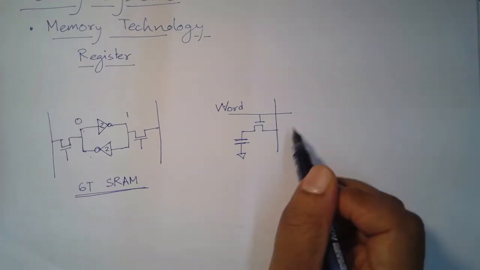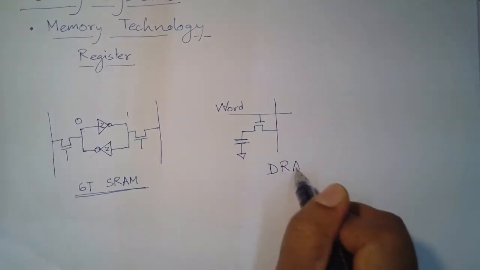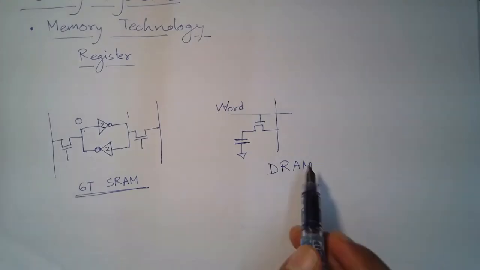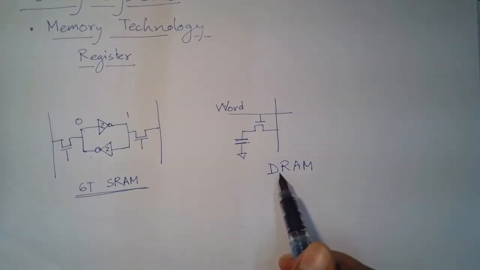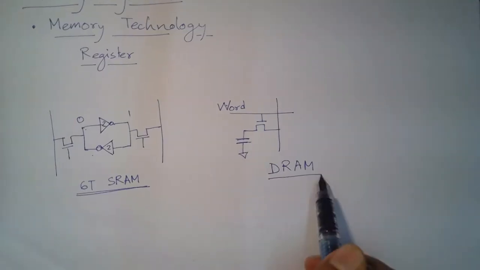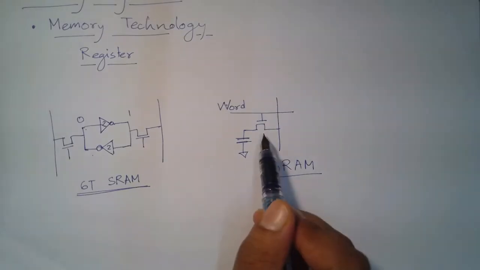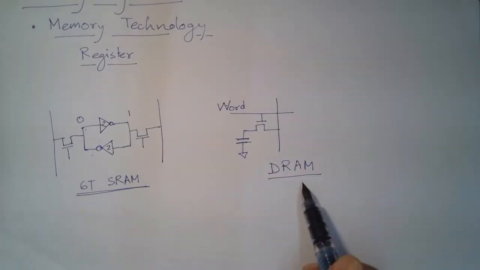That is why DRAM requires frequent refreshing. You need an elaborate mechanism to refresh or recharge these capacitors in a very short interval, in milliseconds. But the advantage is, since you have only one transistor to build a DRAM cell, the density you can achieve using DRAM is very high.